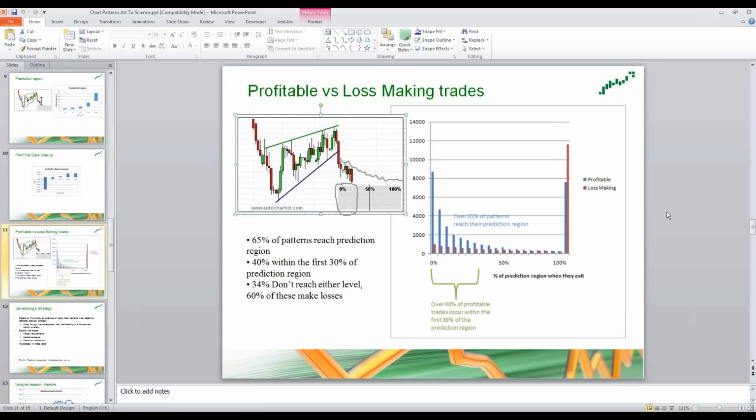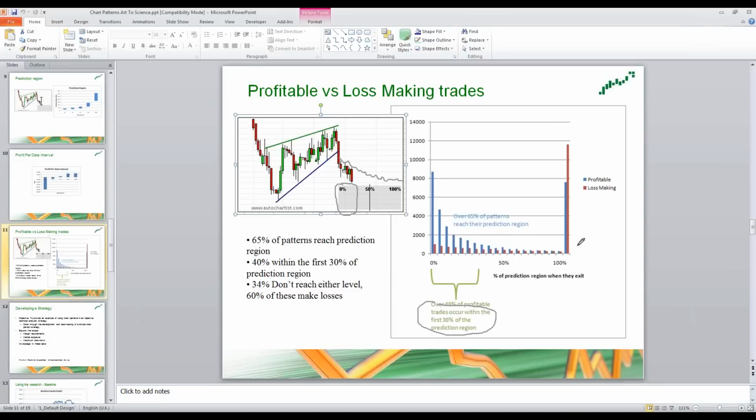Okay, so now what we did is subsequently we derived some information over here. This is the important bit. Over 40% of profitable trades occurred in the first 30% of the prediction region. That means within Autochartist itself, if you're going to be opening a position based on Autochartist, then if it goes the wrong way, close it sooner.